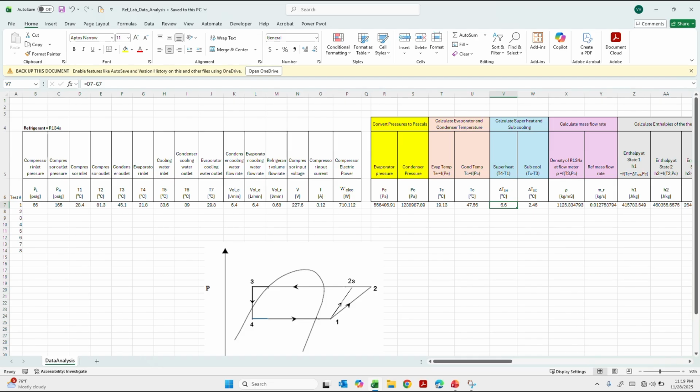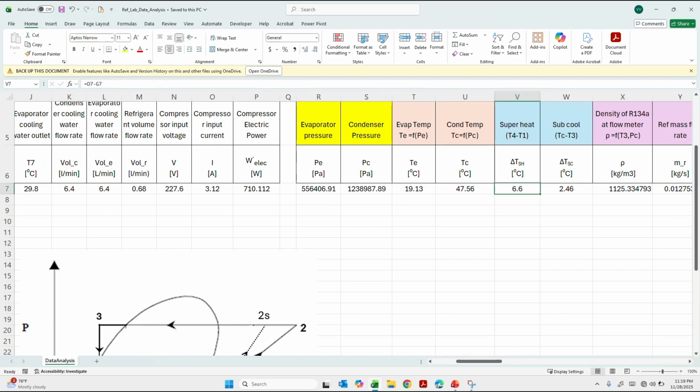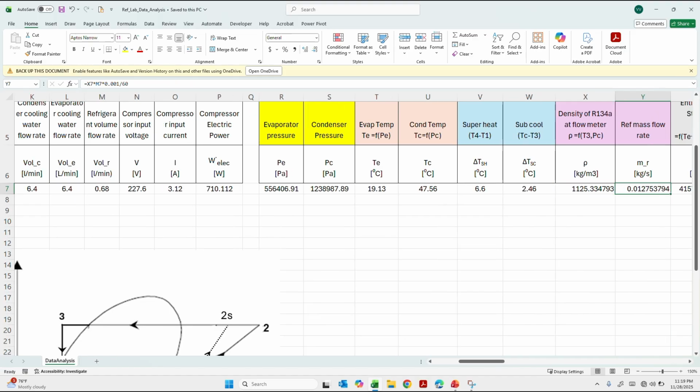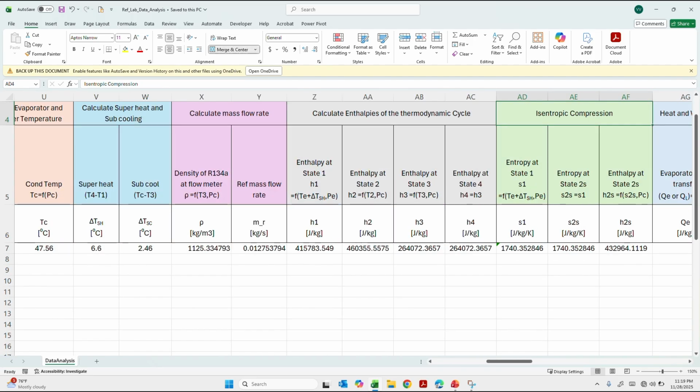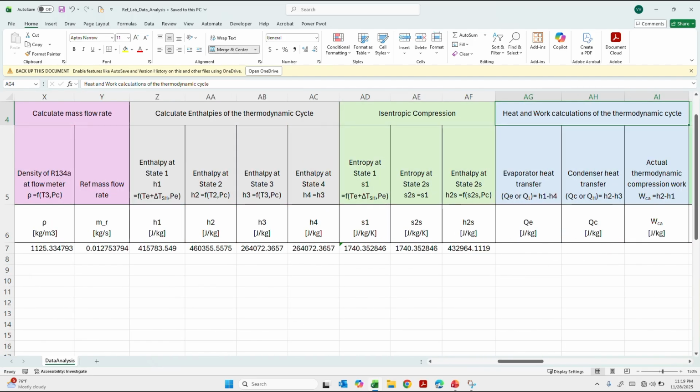Let me zoom in here. It'll use the CoolProp formulas. You can see the formula here, the props SI formulas for calculating a lot of these refrigerant properties. Up to column AF, it will be calculating all the required properties for you.